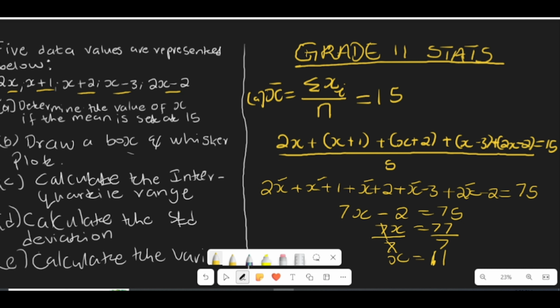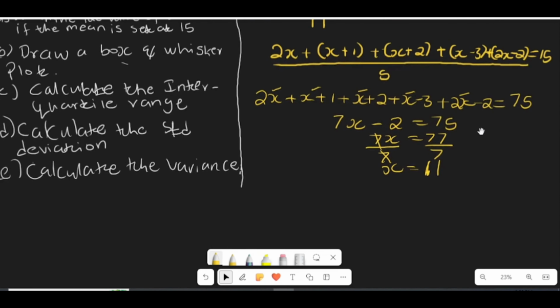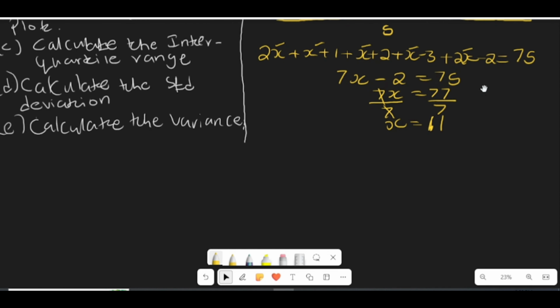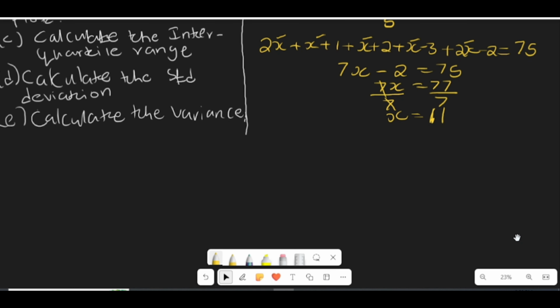Therefore, you can go and substitute into the original data to find the values. Let me just bring the data up here.